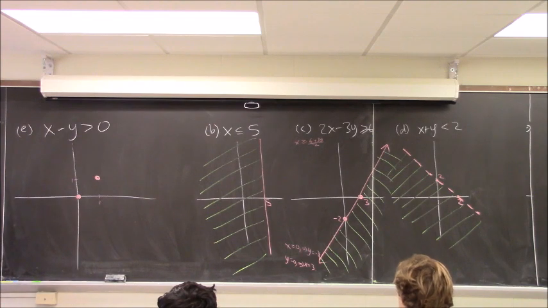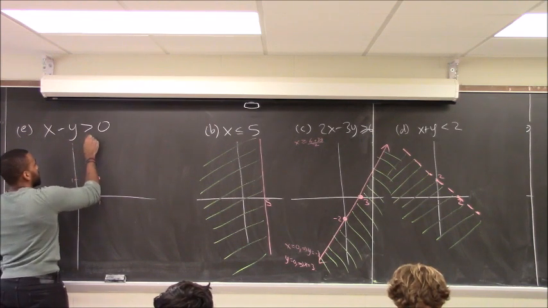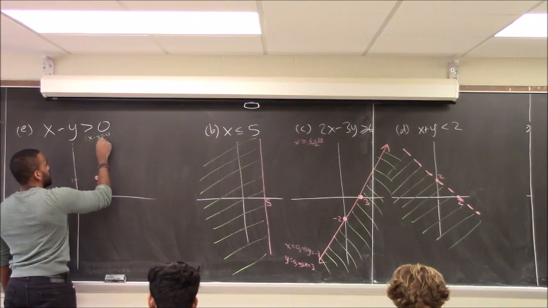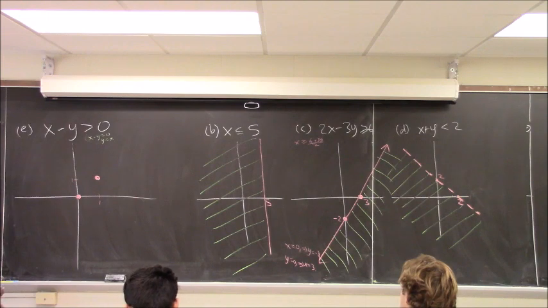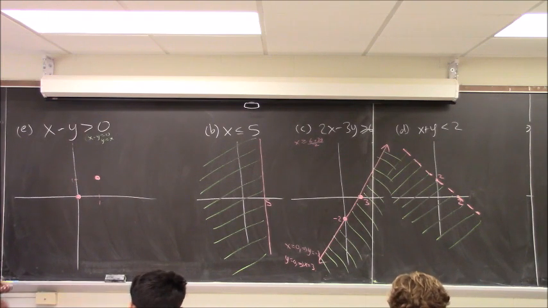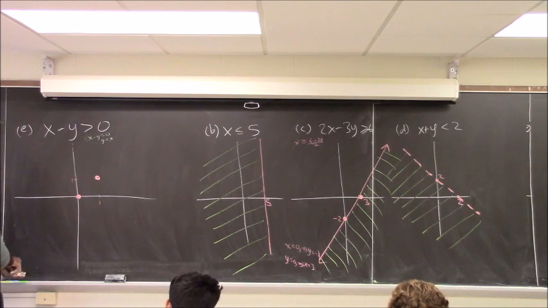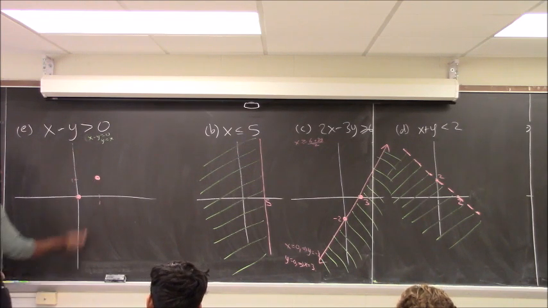But you could also realize that if you were to write this as an equation, x minus y equals 0, then it's just the line y equals x, which you probably should know is just a line going through the origin at 45 degrees. But either way, once you have 2 points, you can plot the line.